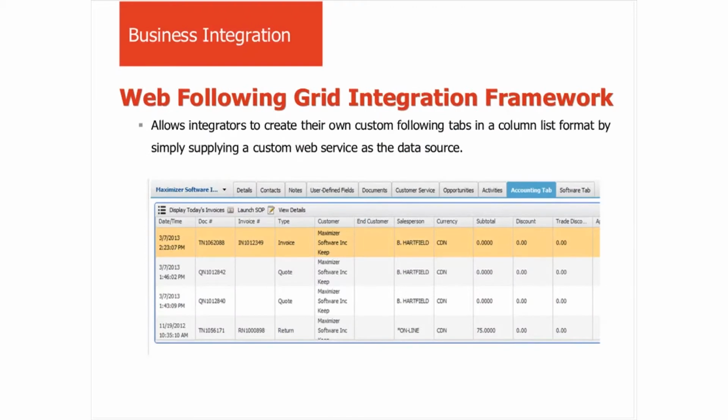Changing gear a little bit, we've also been continuing to move in on the customization side of what we can do with Maximizer. The example here is a following window that is set up with a custom web service.